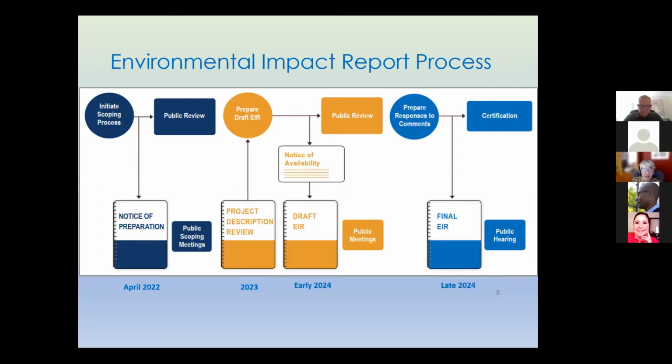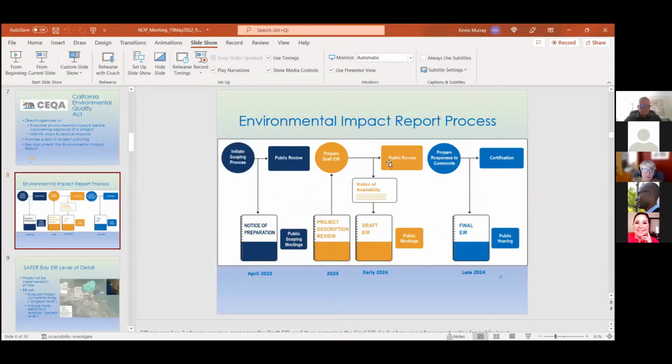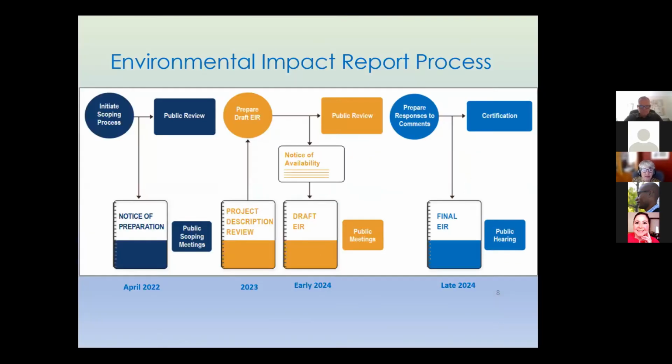After that, the JPA will confirm the issues to be investigated in the EIR and move forward with field work for design. Once there's enough design information available, we'll prepare the draft EIR's project description and post that document for public review for 30 days.